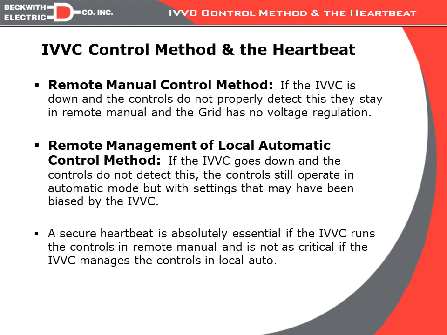So as a rule of thumb, typically we're going to have to send the heartbeat more frequently if we're going to run in a remote manual mode versus a remote bias mode. Typically a heartbeat in remote manual is set every 3 to 5 minutes, whereas in the remote bias mode we may go a half hour to an hour between heartbeats.